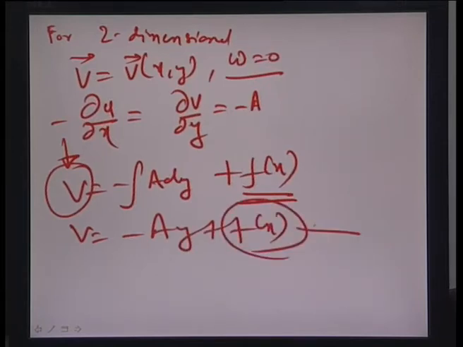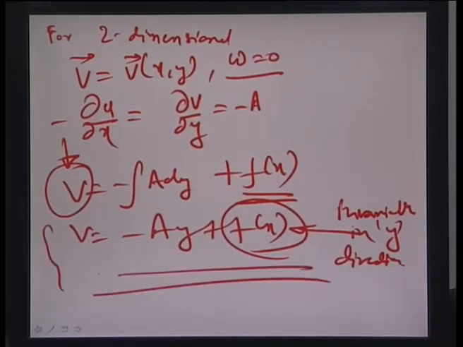This is invariable in the y direction. It is a pure function of x, and so it may be treated as a constant in this particular case. It could also be a normal constant apart from that.